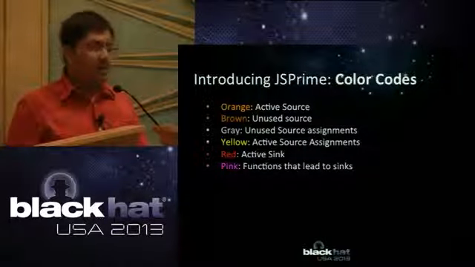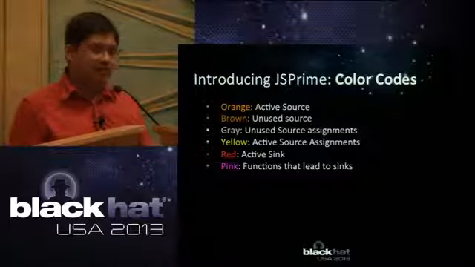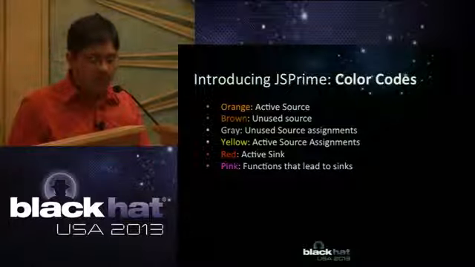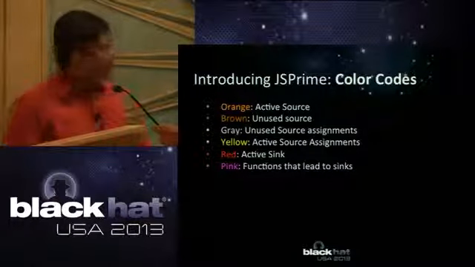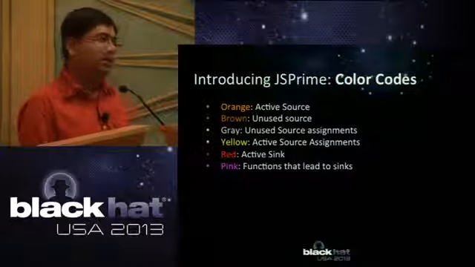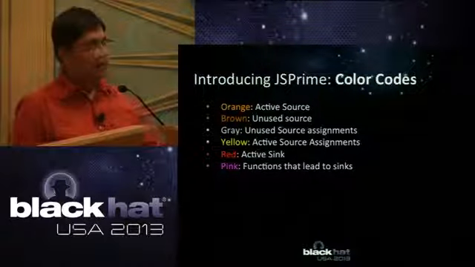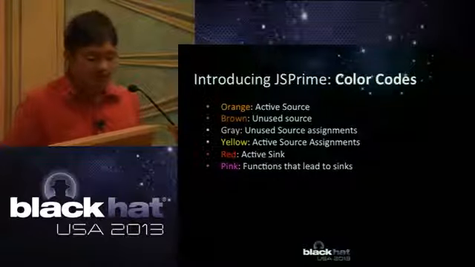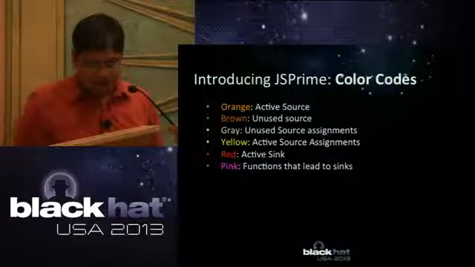Red is the sink. If we find a source-sink pair that's causing an execution, we mark that sink as red. And pink color is for functions that lead to sinks, I mean functions that take arguments and pass them to the sinks. We mark them in pink.